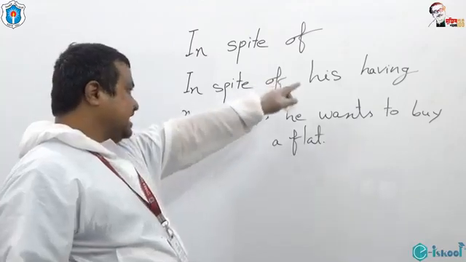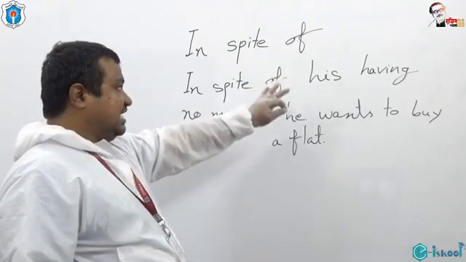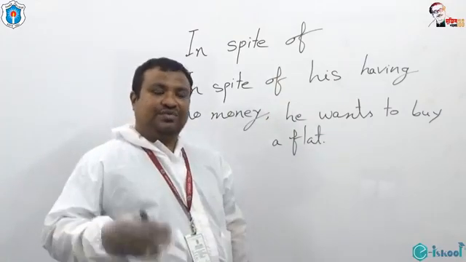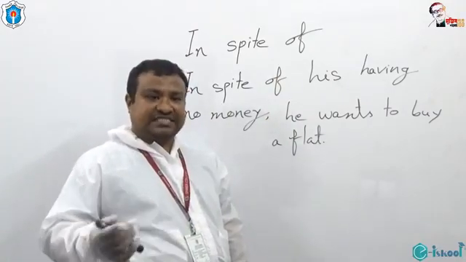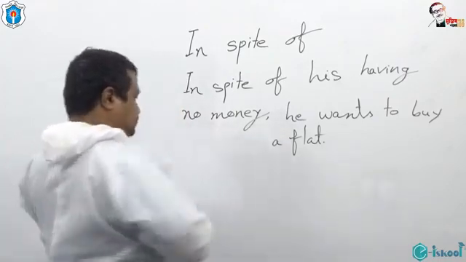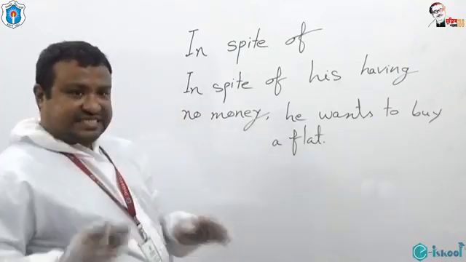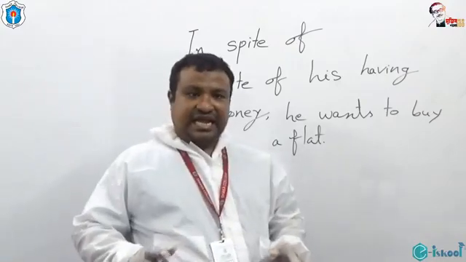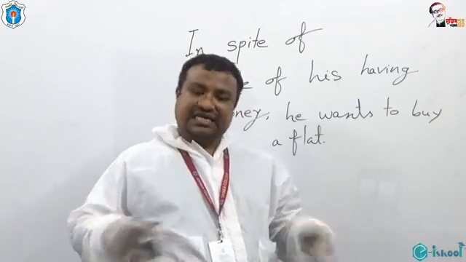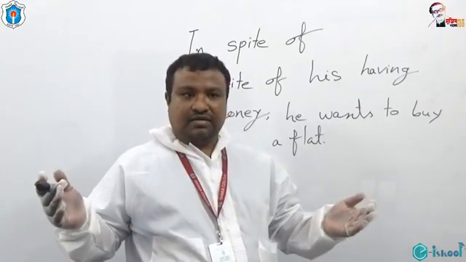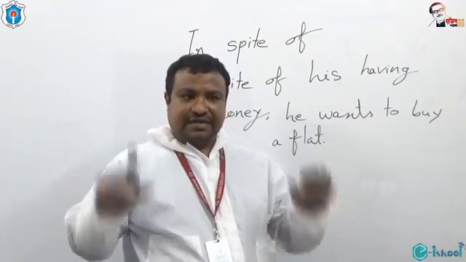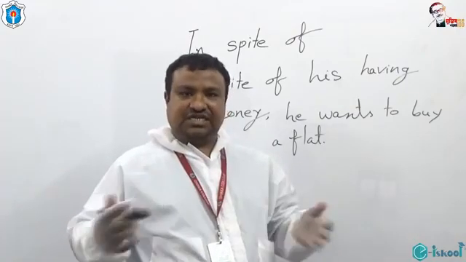Here we see that the word having is being used, that is after in spite of we will use the main verb plus ing. Now let's see another sentence where we see that there is no having or being, there is a main verb, a very traditional main verb. What's that?